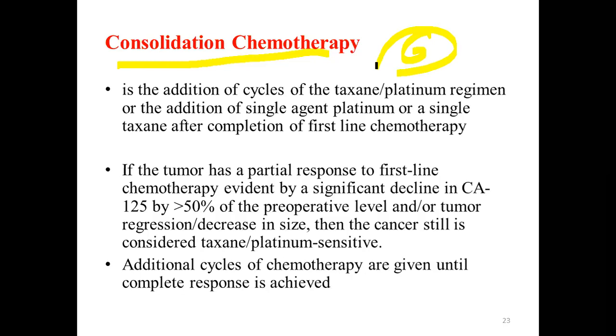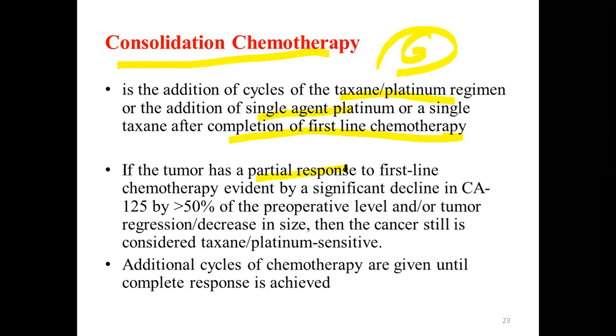So consolidation therapy refers to addition of a cycle of the taxane platinum regimen, or addition of a single agent platinum or a single taxane after completion of the first line chemotherapy. This is commonly recommended when there is a partial response to the first line.